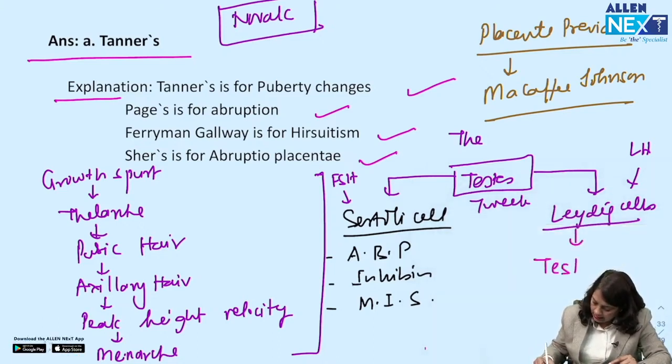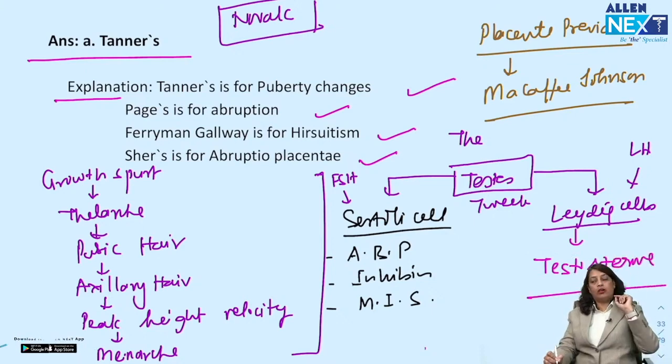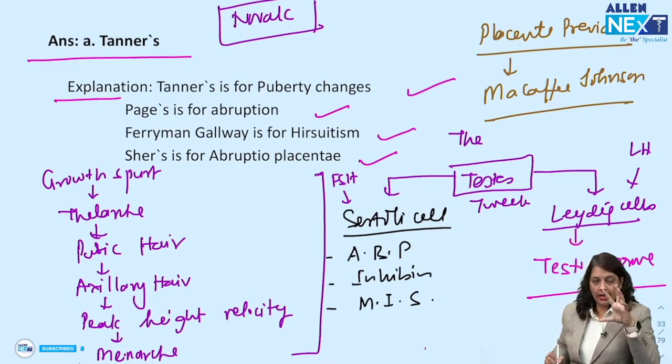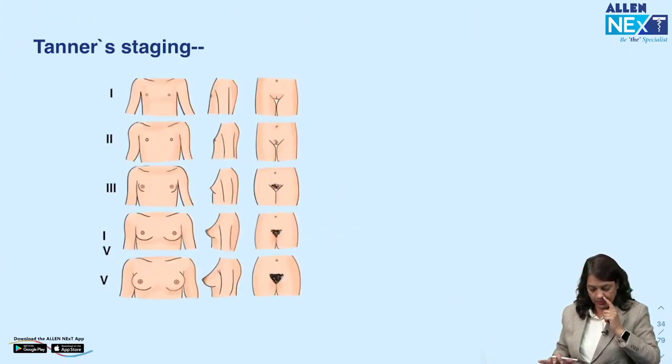And it secretes testosterone. Let me tell you, testosterone is very, very important in the intrauterine life for the external and internal genital organs development in the male fetus. Fine. Now let's proceed further.